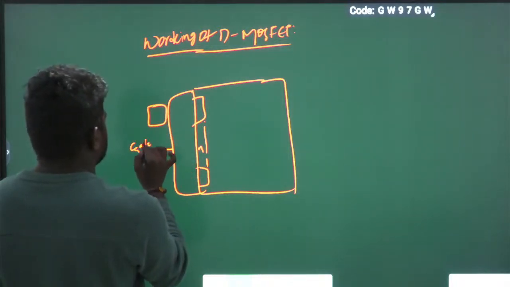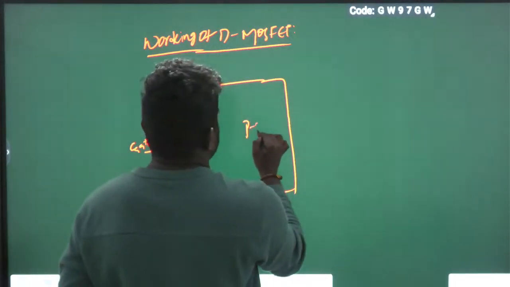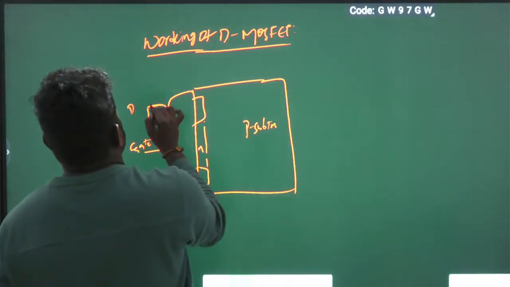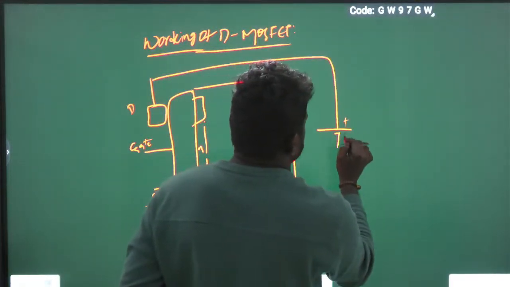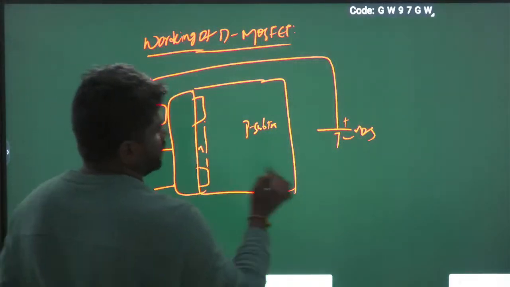This is the gate and this is the source. This is the P substrate. This is the drain. Now I am applying some voltage to the drain, nothing but VDS.